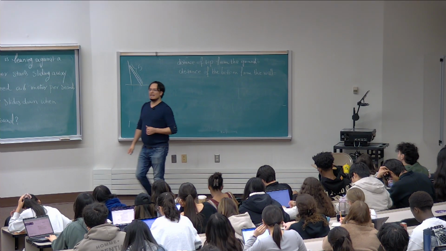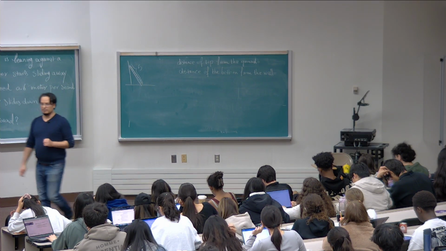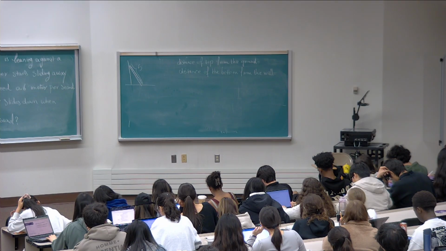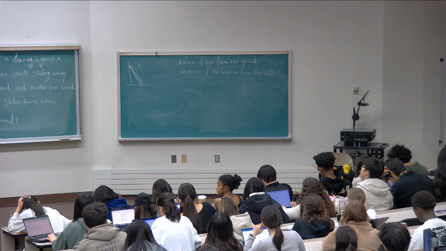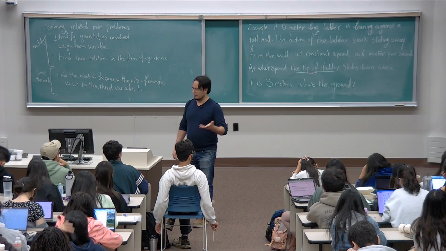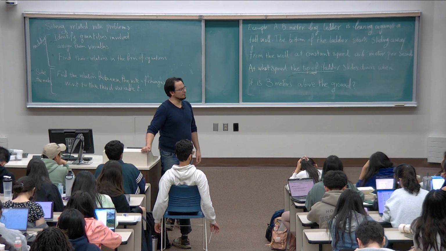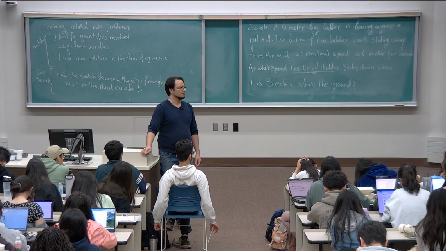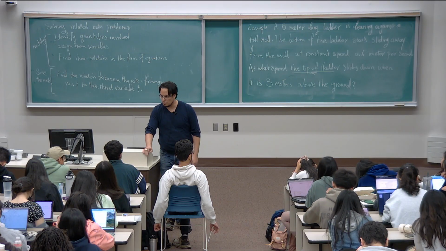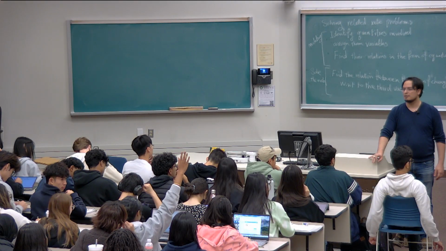Now, how about the length of the ladder? It's a quantity in our problem, isn't it? Should I assign a variable for that? No. Why not? It's a constant value.